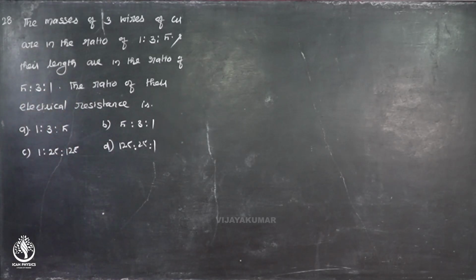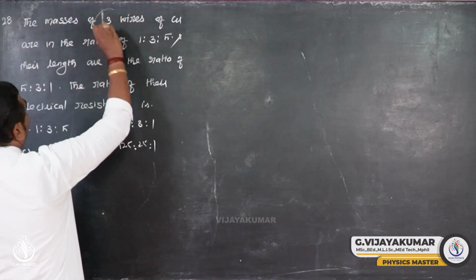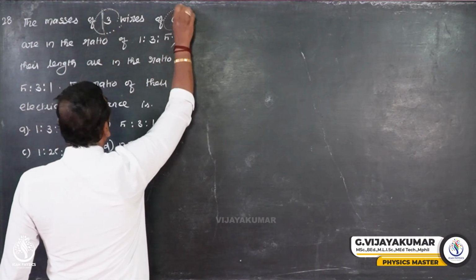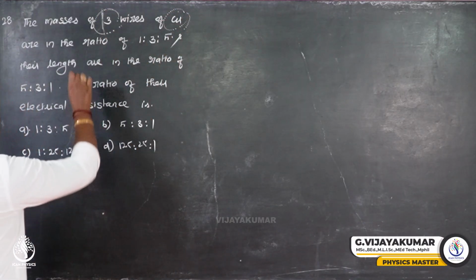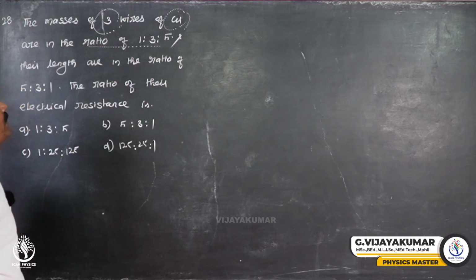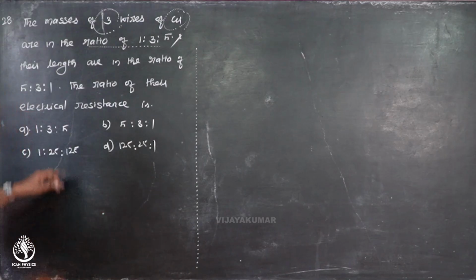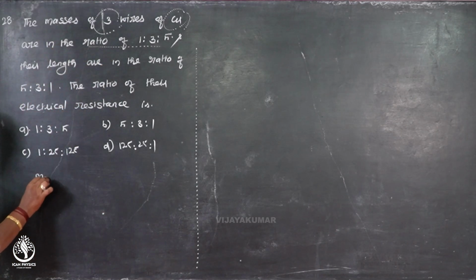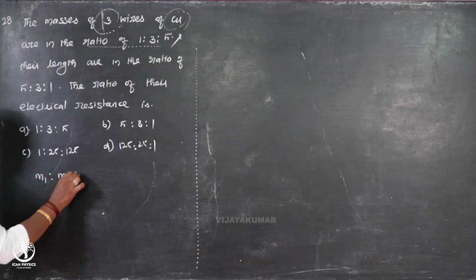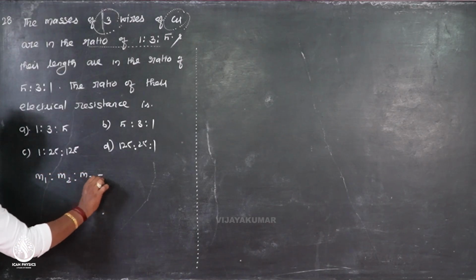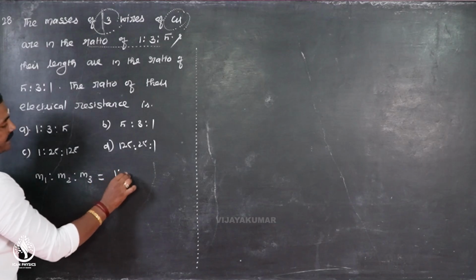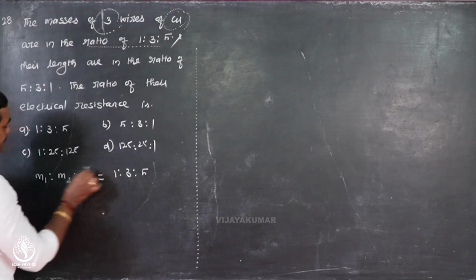So next question: the masses of three wires of copper are in the ratio 1:3:5. So M1 is to M2 is to M3 is 1:3:5.